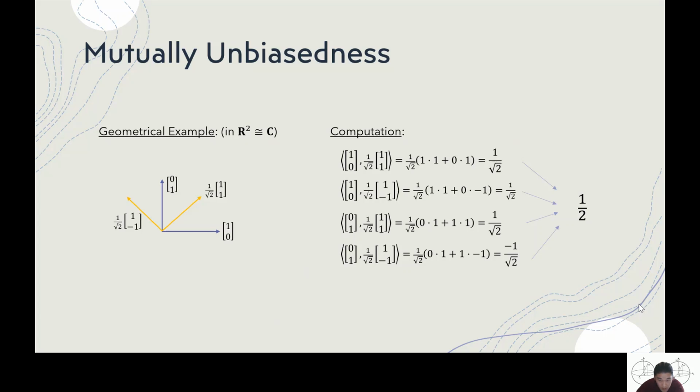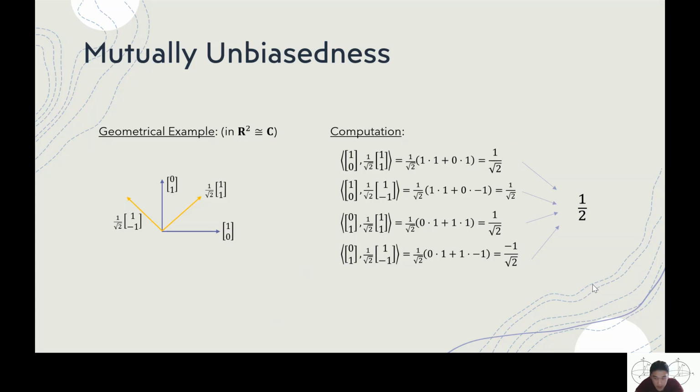In fact, given a standard basis in R2, we can only squeeze in one more distinct orthonormal basis such that it will still be pairwise mutually unbiased. So this is a maximal set in a sense, because I can't put any more mutually unbiased bases in here.